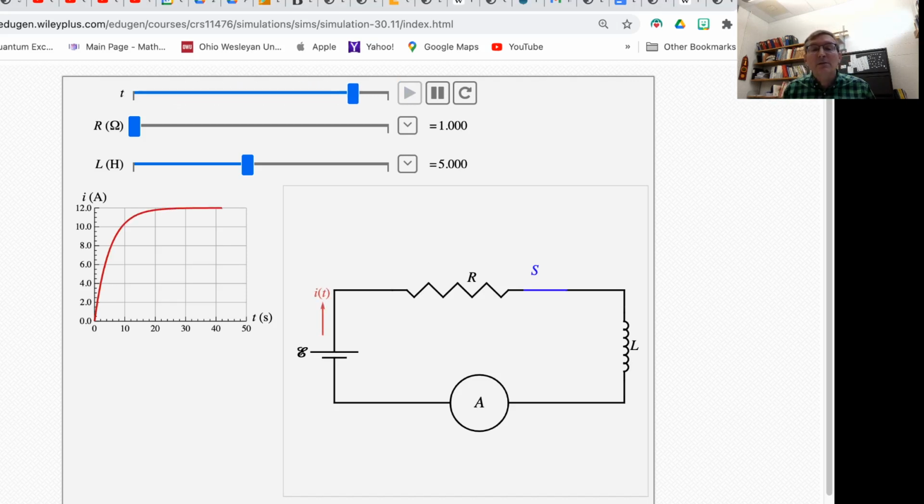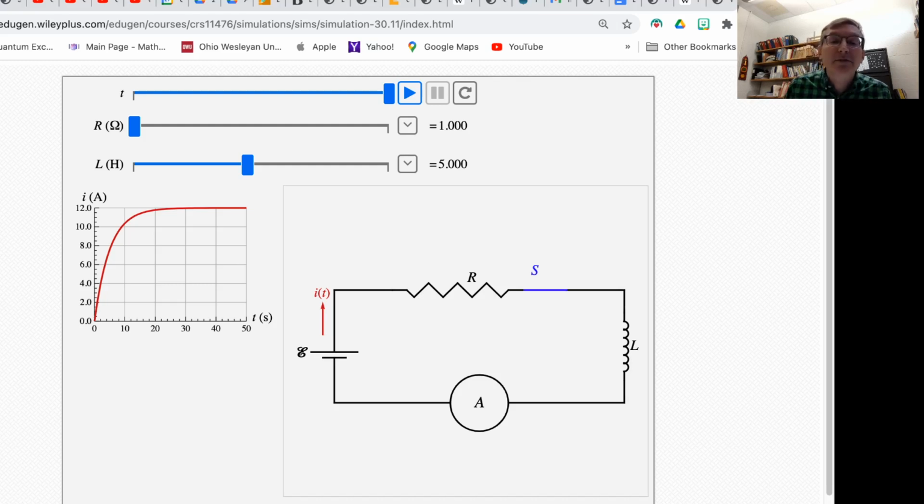Okay, so the current ramps up. Notice the time constant is L over R. 5 henries divided by 1 ohm is 5 seconds. So the time constant is 5 seconds. And after 5 seconds, we should be at about 66% of the final current.